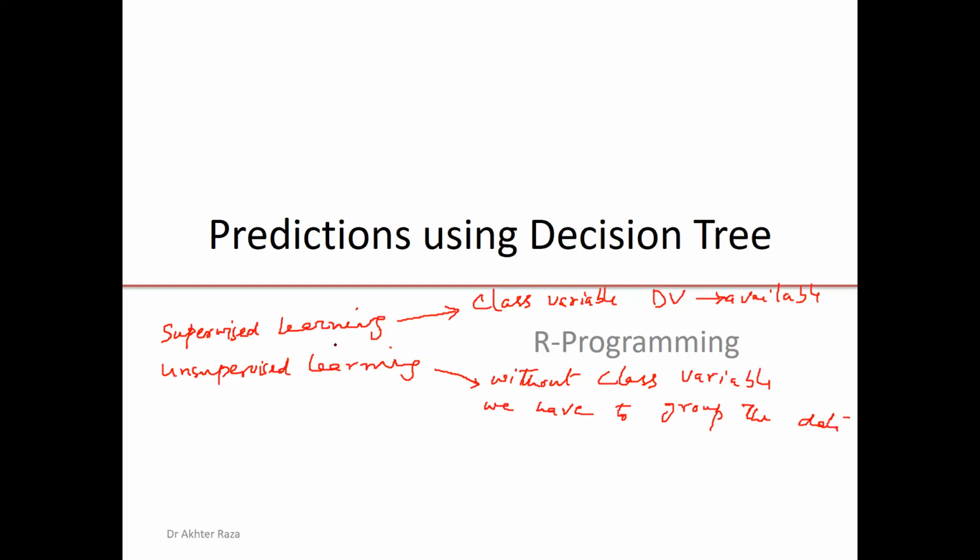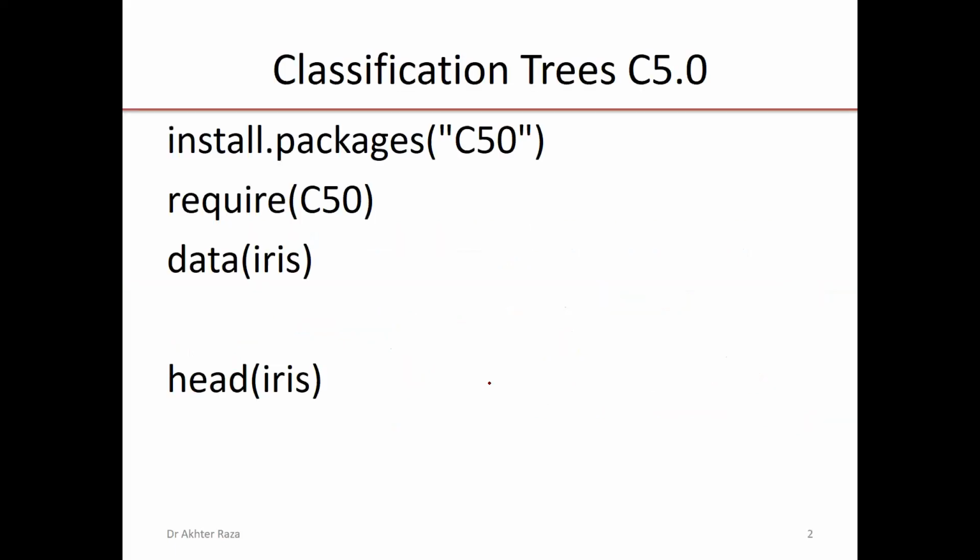Supervised learning: decision tree is an algorithm which comes under the heading of supervised learning, and clustering is a technique which comes under the heading of unsupervised learning. So we have a data set here, and the data set which I am going to use for this implementation is the iris data set.